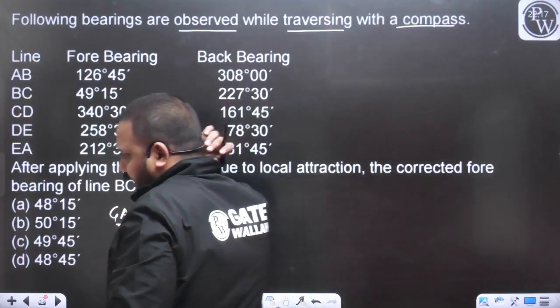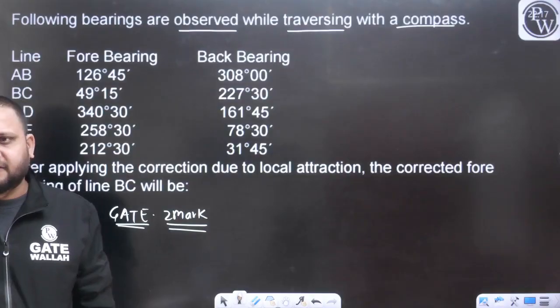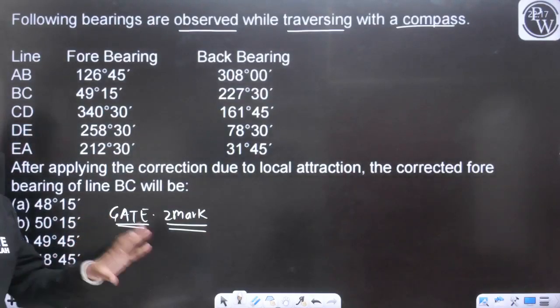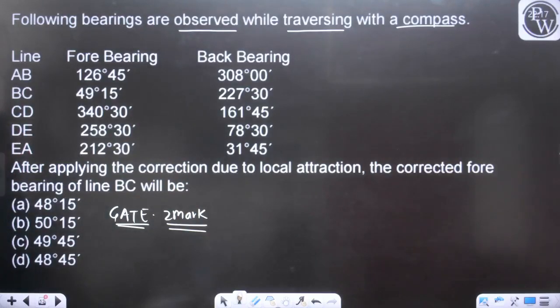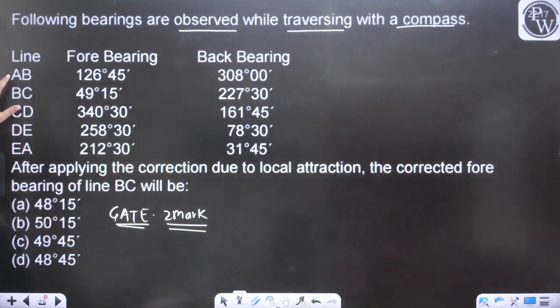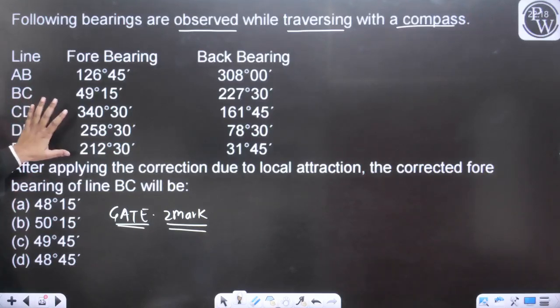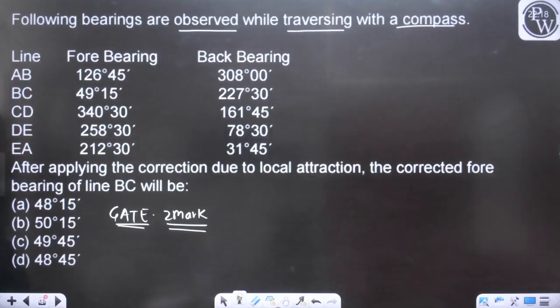You have performed a compass survey, and from the field you have collected some data: line AB, line BC, line CD, line DE, line EA. From this data we can conclude this is a traverse, or rather a closed traverse.